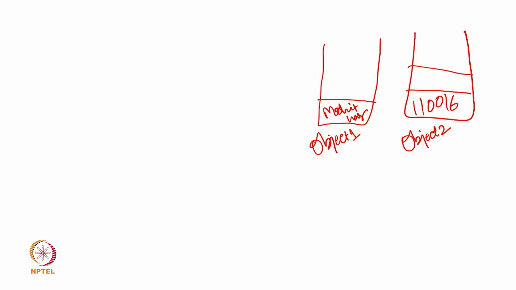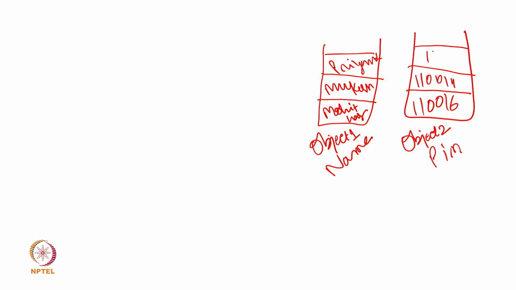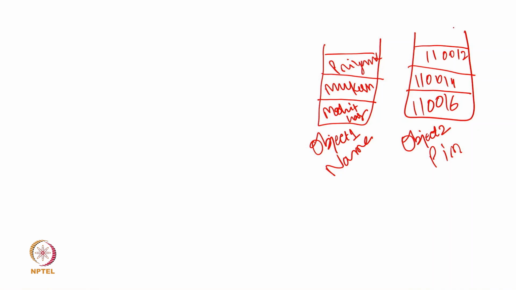If we have to add one more value here, and one more value here, say for example, this is a name object and this is a pin object. Now we want another name like Mukesh, then Priyanka, and we want to give other pins. How can we do this kind of assignment to these objects? This is possible with the help of data structures.